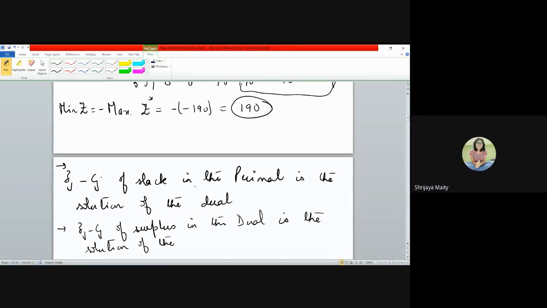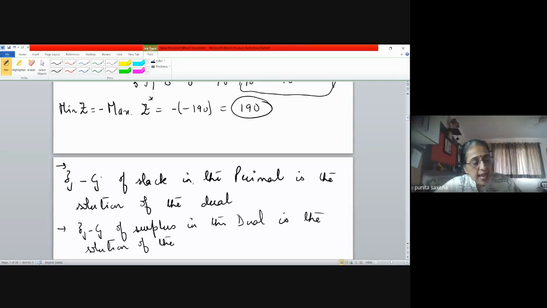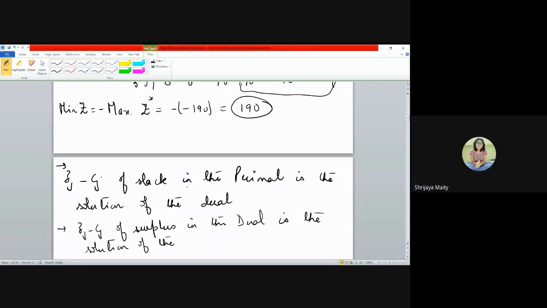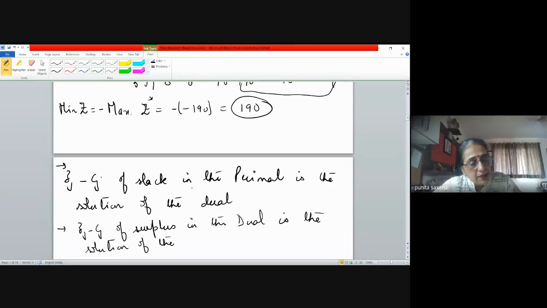So the first slack corresponds to y1. Is that okay now? Similarly, Zj minus Cj of the second slack will correspond to the second dual variable. Similarly, Zj minus Cj of surplus in the dual will be the solution of the primal. This is how we are going to interpret.